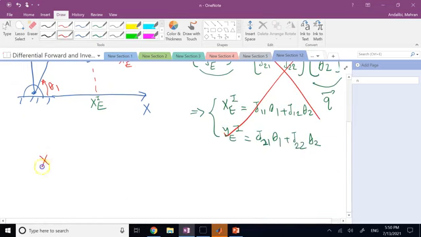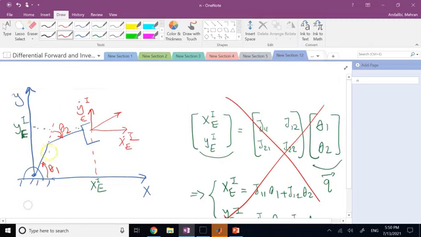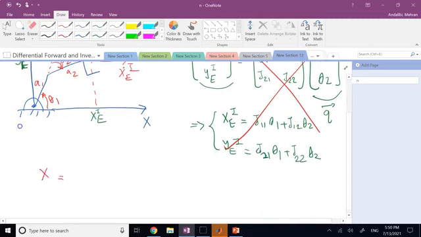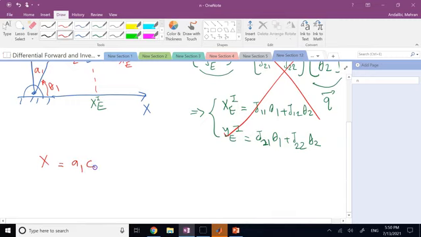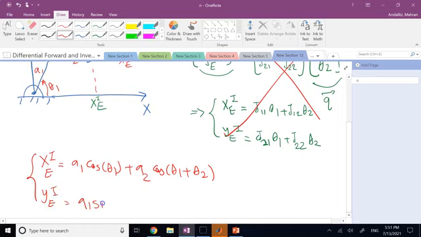If you remember, your x was basically, if you call these A1 and A2, the lengths of the members, A1 cosine of theta 1 plus A2 times cosine of theta 1 plus theta 2. And you had a similar thing for y. So there was no way you could write these relations as something linear. Even if you called sine and cosine of thetas some other variable, still you could not do it, because those sines and cosines are multiplied together.